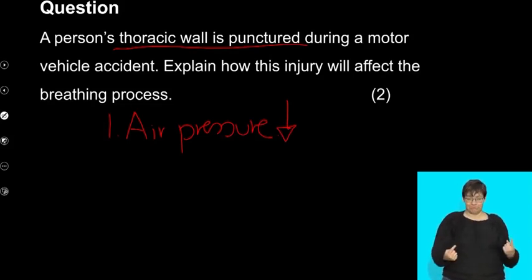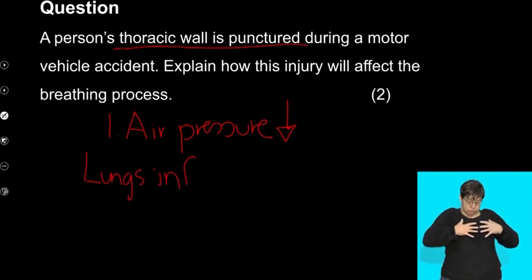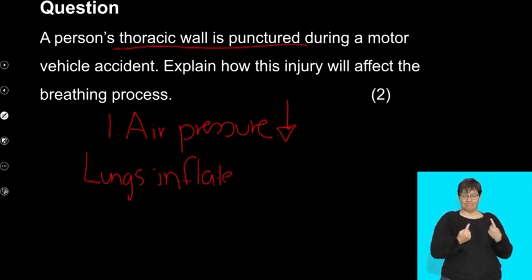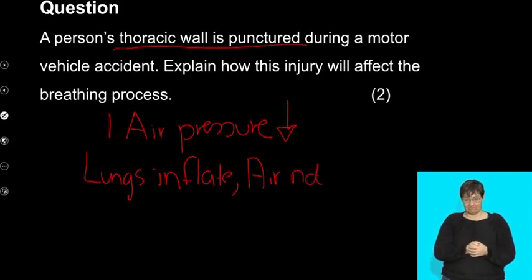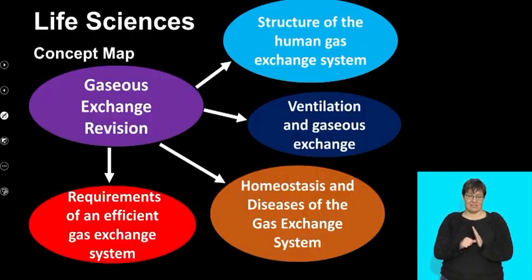So what happens to the lungs? They can't inflate and they can't bring in air. So no air is brought in. So that's why, unfortunately, when you have that kind of thing, the same as being stabbed or something, it's very important that we have that concept.